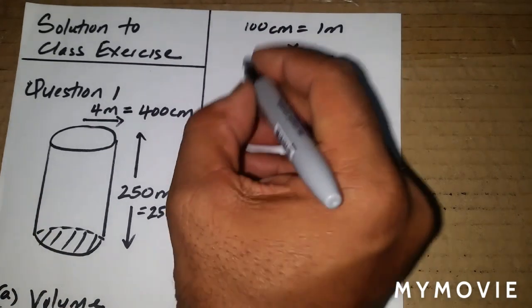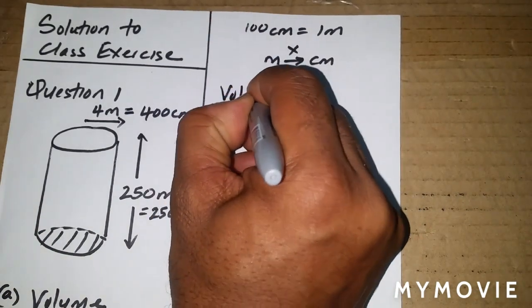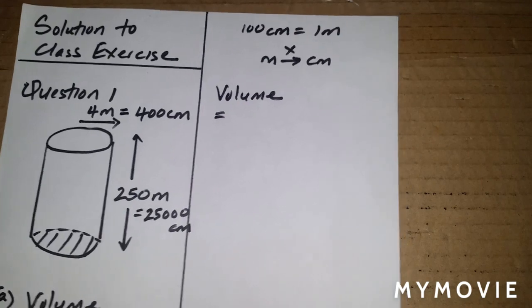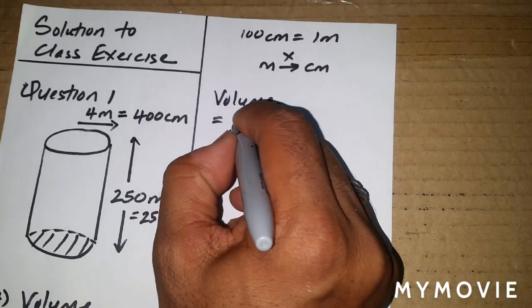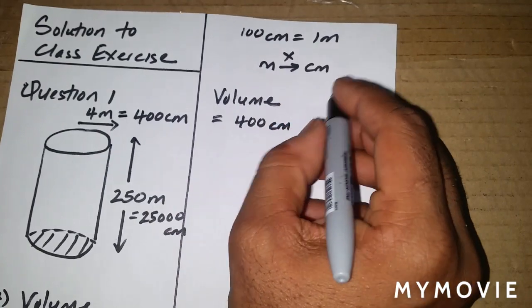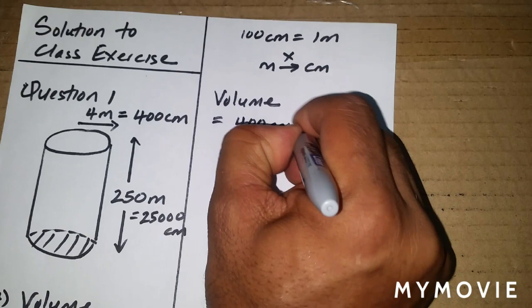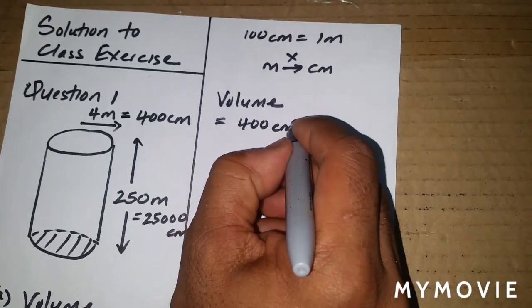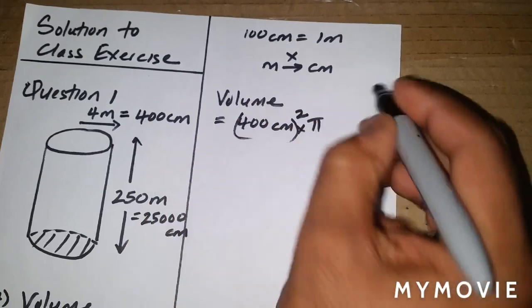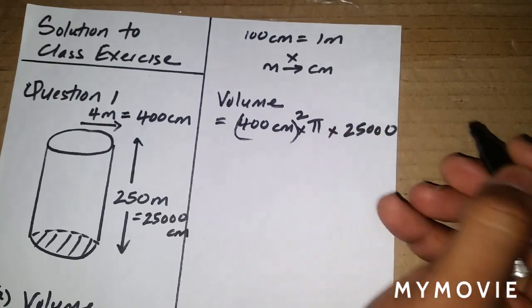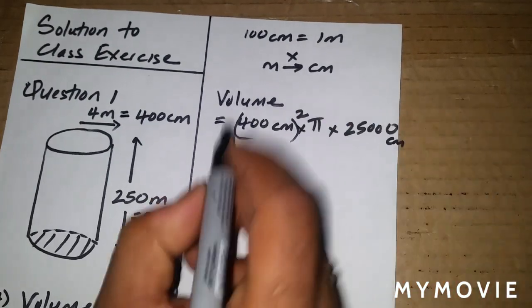So if I were to redo the volume, again using the formula area of base times height, we just apply the same values. So it would be 400 centimeters, times pi, and this would actually be squared, and times the height, which is 25,000, and that's in centimeters as well.